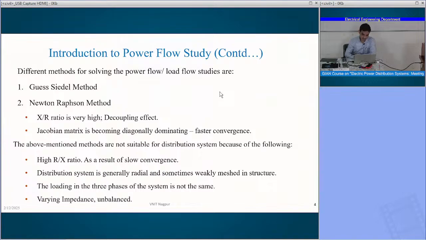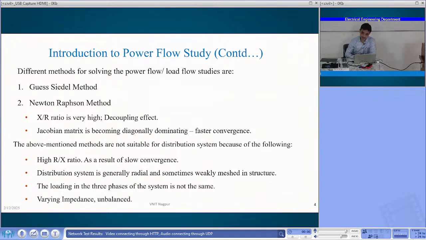In direct terms, high R by X ratio results in slow convergence. Moreover, most distribution systems have a radial and sometimes weakly meshed structure. Their impedance across the three phases keeps varying. Most of the time it is an unbalanced system.